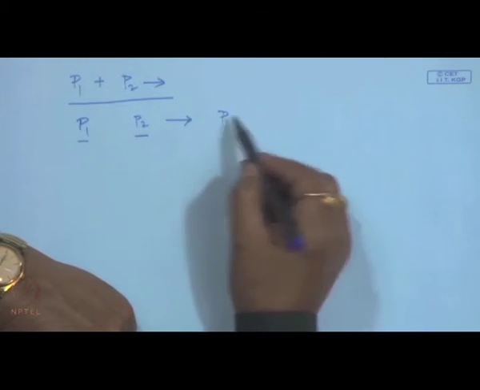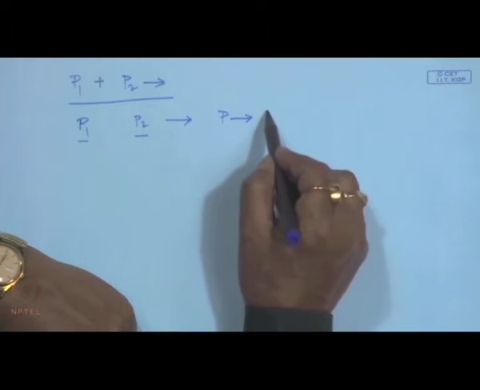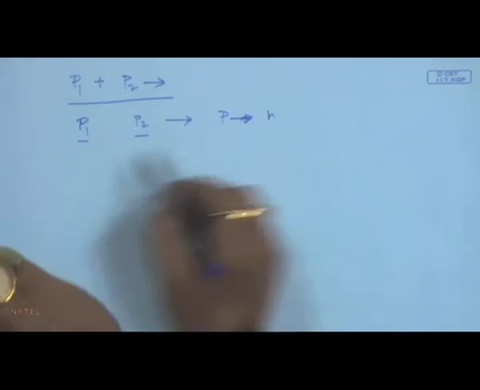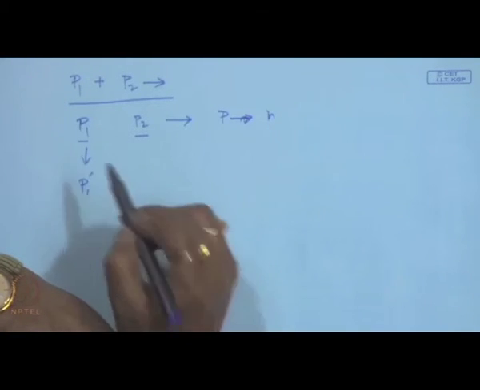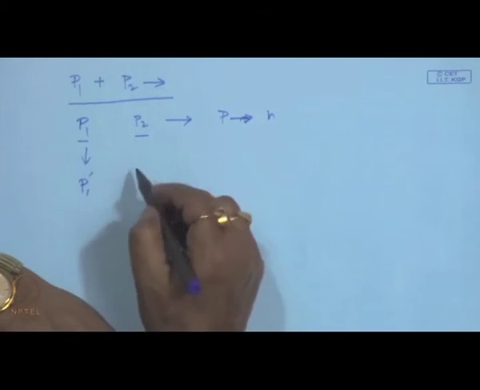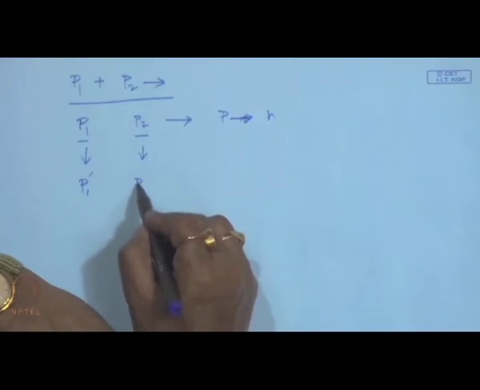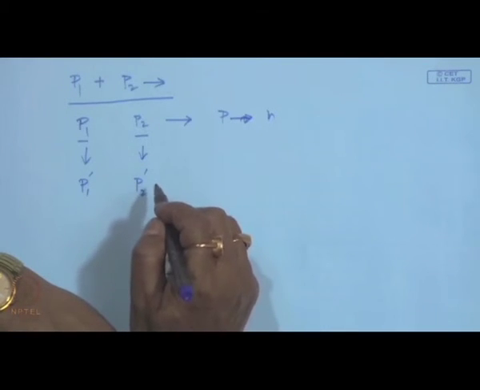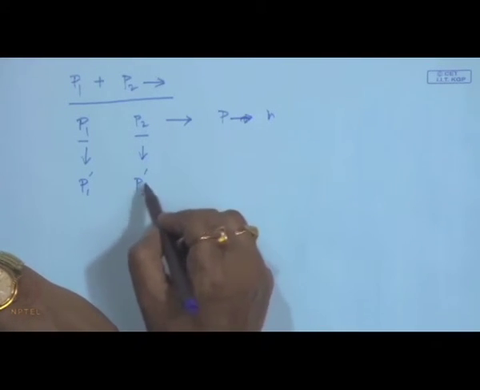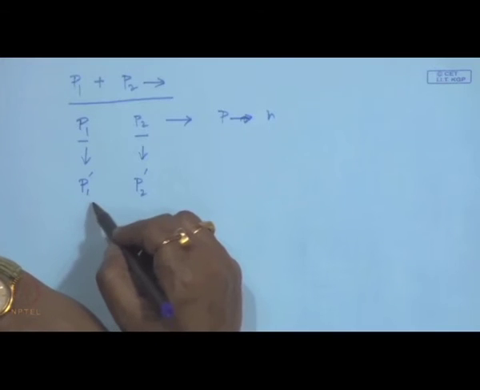So, I can chemically modify P1 to P1 prime. Similarly, I can also chemically modify P2 to P2 prime. That is done through functionalization of P1 and P2. That means chemical modification of P1 and P2.